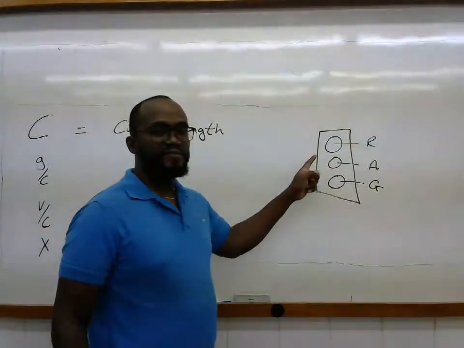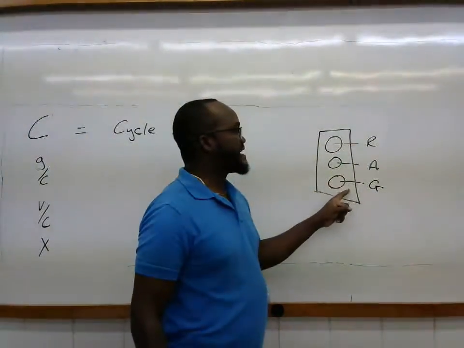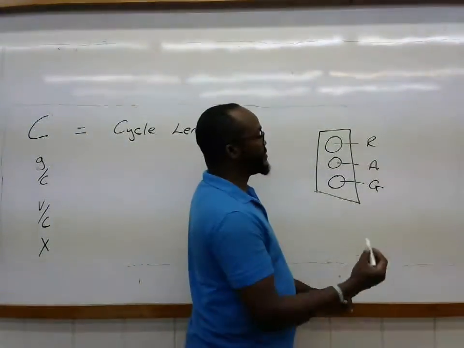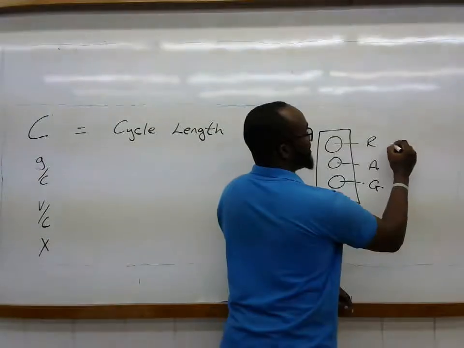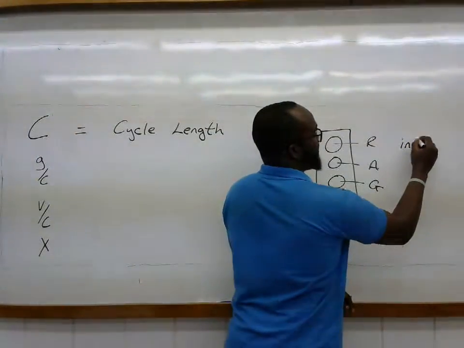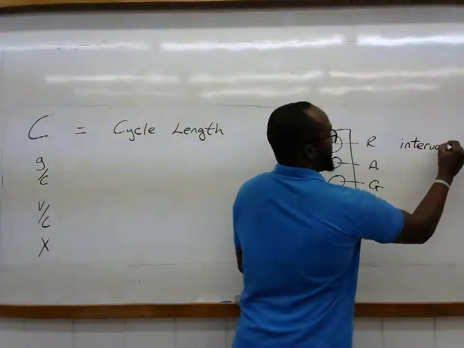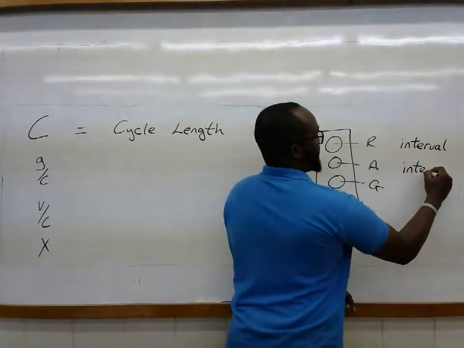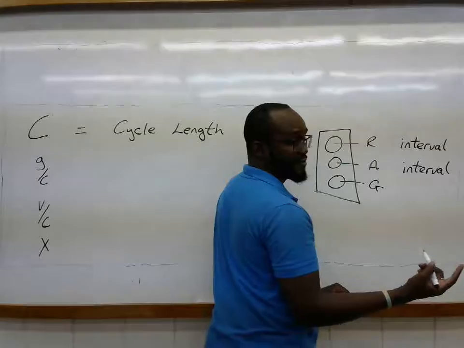Each one of these displays lasts for a particular time, which is then referred to as the interval. So you will have a red interval, an amber interval, and a green interval.